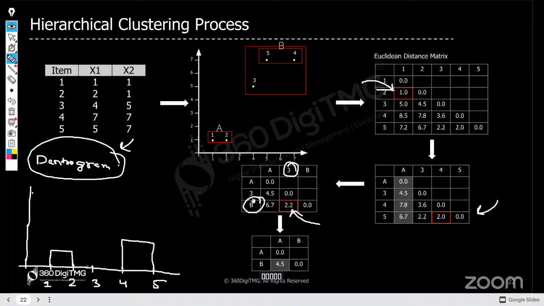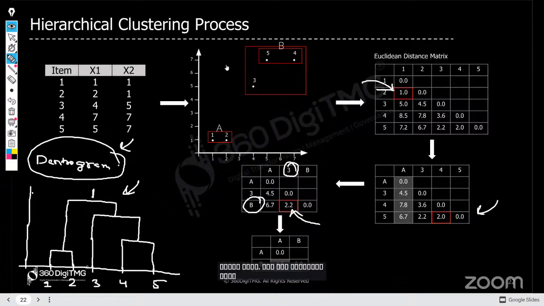Again we will create a cluster, and at the end, we will cluster down all the data points. So this is the dendrogram that we have created for this hierarchical clustering.